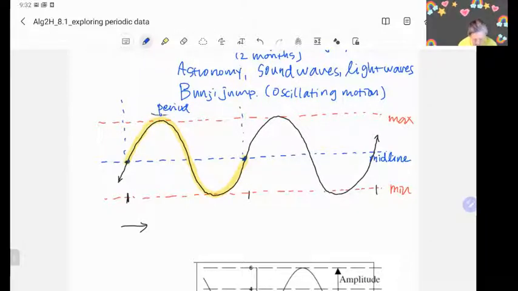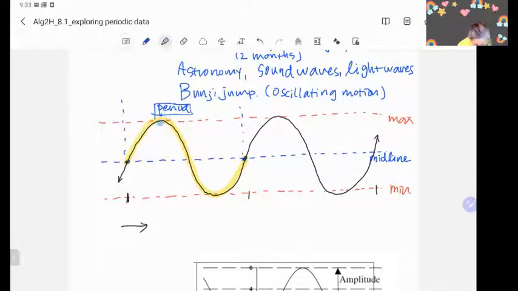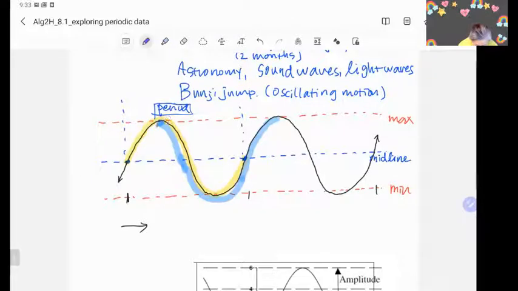But it depends, right? You can also start from the top position, go along, and end at another top position. So that's also one period. Here to there, this could be one period too.